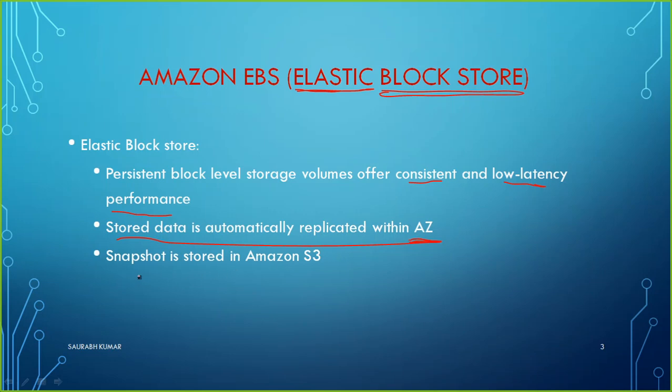The next point is, we can also create a snapshot of the EBS. We can take a snapshot of our storage, and that snapshot will always be stored in Amazon S3. We have already done the practical part of Amazon S3: how to create a bucket, how to upload a folder, how to upload a file, and all those kinds of things.